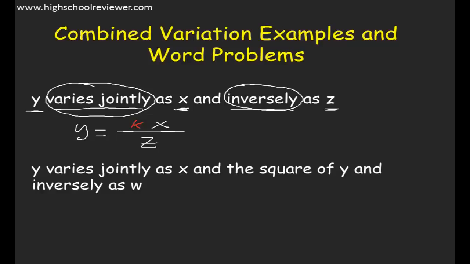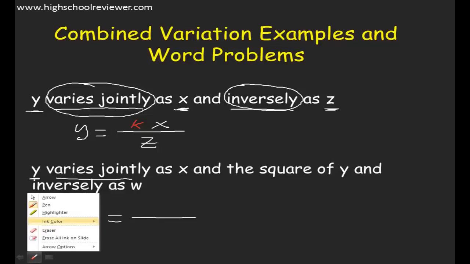Number 2 statement, y varies jointly as x and the square of y and inversely as w. So we have here again the variable y, which varies jointly and inversely. So since it is the variable that varies jointly and inversely, it will be written on the left side. So y is equal to, again we will have a fraction.